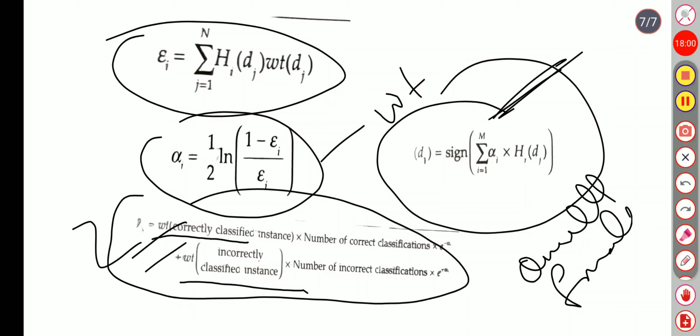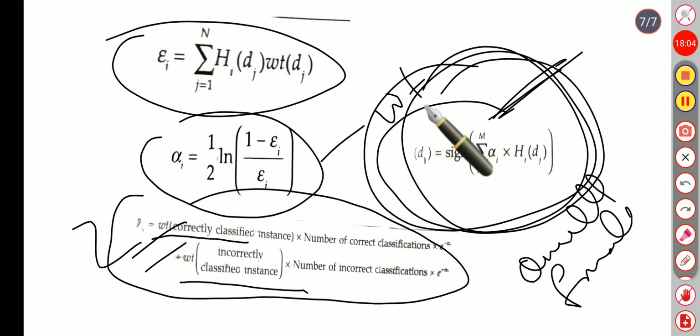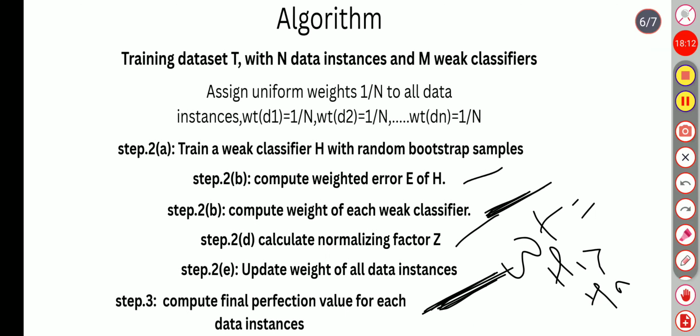And the final one is the final output. The overall prediction needs to be taken here. That is the appropriate formula we have. The last step is to compute the final prediction value. Okay, I hope you are getting this particular algorithm.